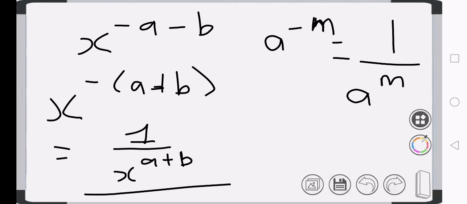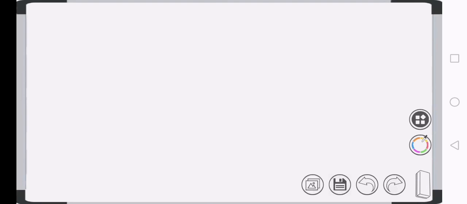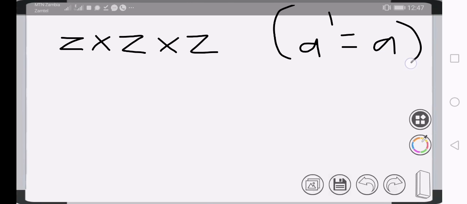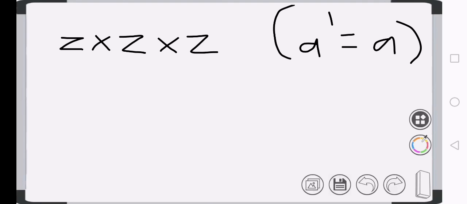This is how you apply the laws of indices. Let's try another example. Say you're given z times z times z. How can you simplify this? Note that a to the power 1 is equal to a. So in this case, it means that z is raised to the power 1.